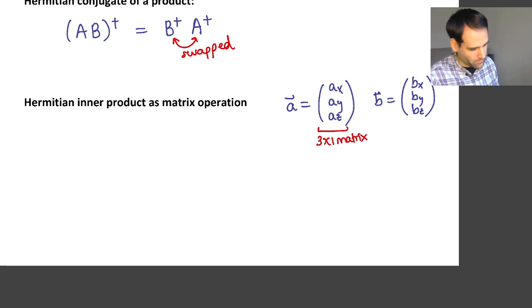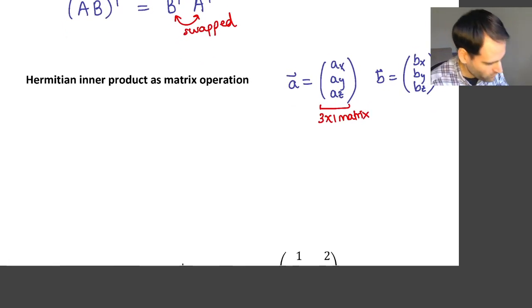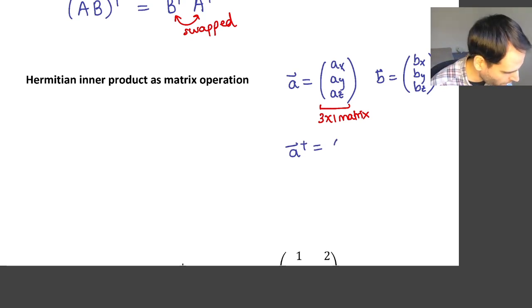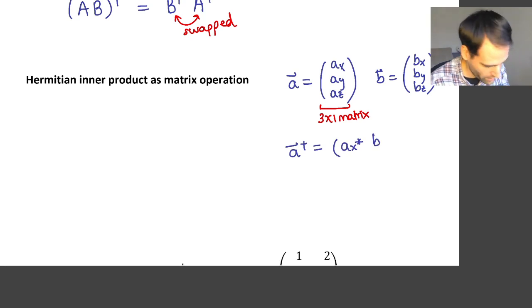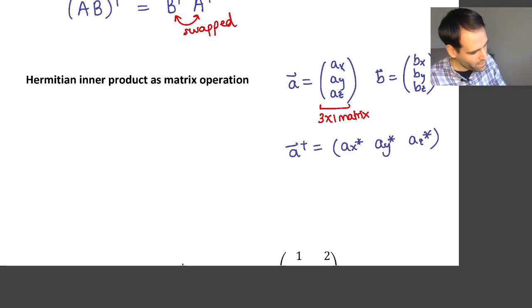So what would A dagger be? A dagger would be A transposed and then complex conjugate. So A dagger would be a 1 times 3 matrix that has AX conjugate, AY conjugate and AZ conjugate as the 3 elements.